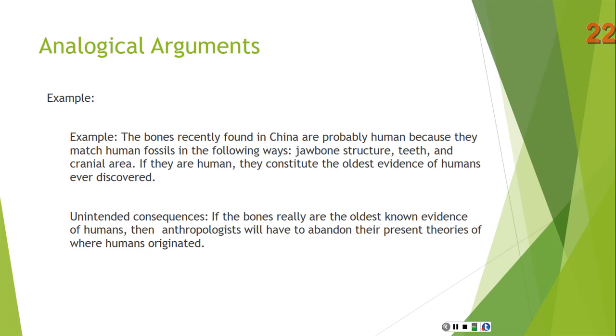So an unintended consequence is, if the bones really are the oldest known evidence of humans, then anthropologists will have to abandon their present theories of where humans originated. This is an unintended consequence of the original argument. Now someone might say, well, I can accept those consequences. Maybe humans originated in a place other than what we originally thought.